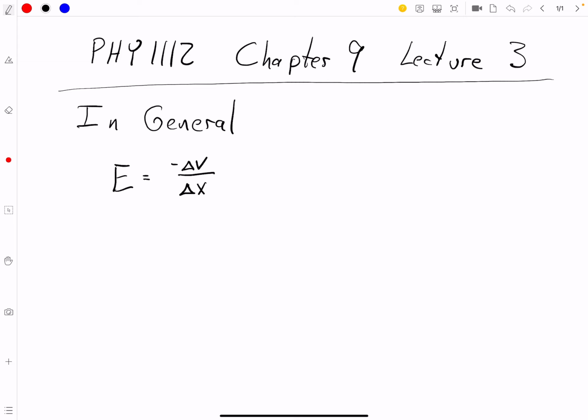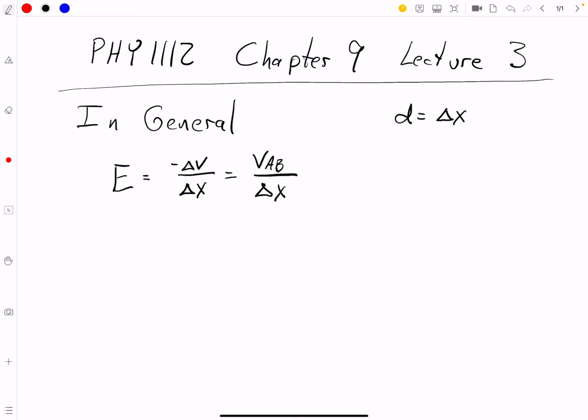I'm going to call our distance delta x. And we did it before, and we don't really need to do it again, but minus delta V is just VAB. So hopefully you'll remember that. We don't have to redo that.